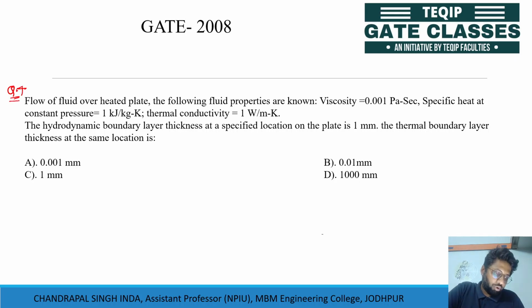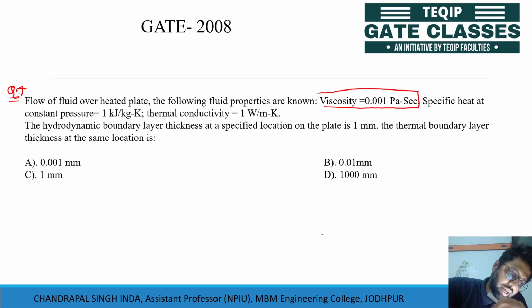The flow of the fluid over a heated plate. The following fluid properties are known. Viscosity of the fluid is given, which is equal to 0.001 Pascal second. This viscosity is dynamic viscosity, as the unit is Pascal second, and kinematic viscosity has a unit meter square per second. So this is dynamic viscosity or mu.